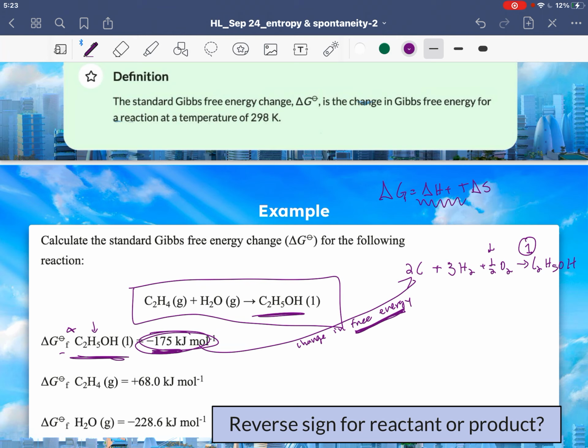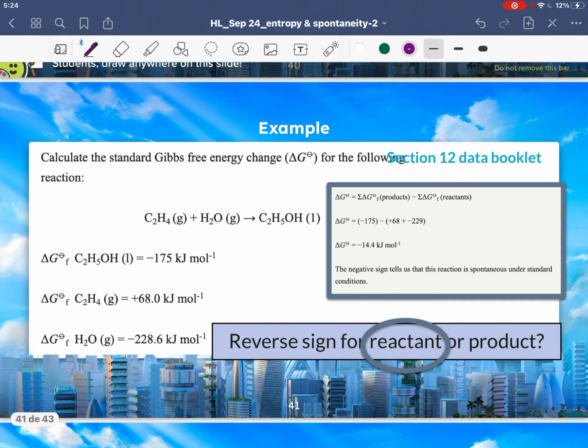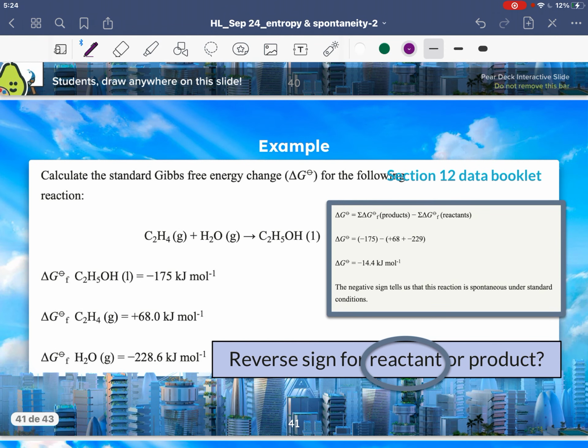So free energy is a little bit more complicated than just the enthalpy. The thing we're interested in is in the products, so for products, I'm going in the right direction. In my reactants, I'll need to switch directions. You can find these in section 12 of the data booklet, just FYI.